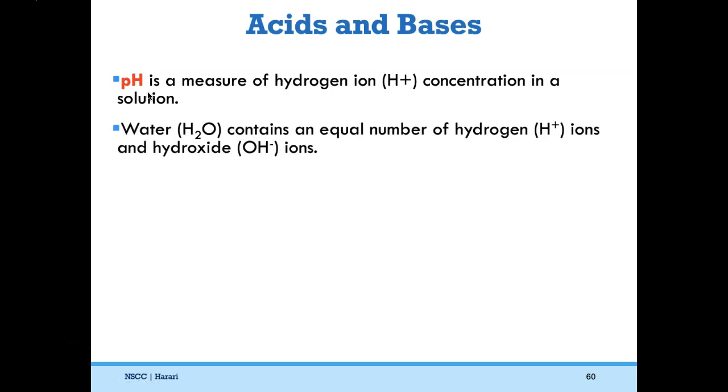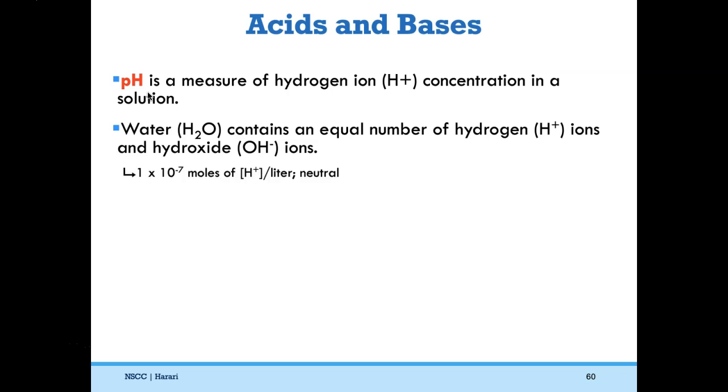Water, H2O, contains an equal number of H+ ions and hydroxide ions, OH-. Normally water is H2O, but there's a small amount of ions that dissociate. When water ionizes, it releases an equal number of H+ and OH-.